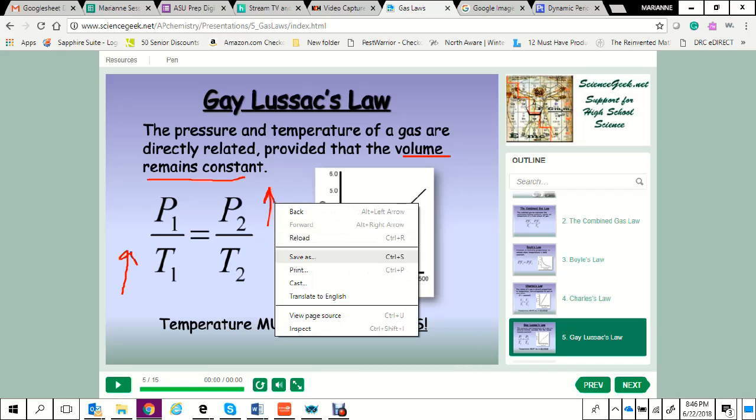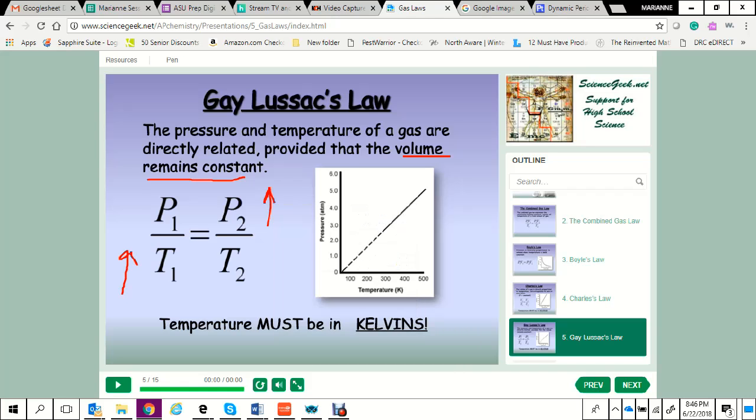Because you're holding the volume constant, instead of increasing the size, what happens is you increase the pressure because there's more collisions against the container's wall. Pressure is caused by collisions of the molecules against the walls of the container. So temperature goes up, causes the molecules to move faster. Faster molecules have more collisions with the container.